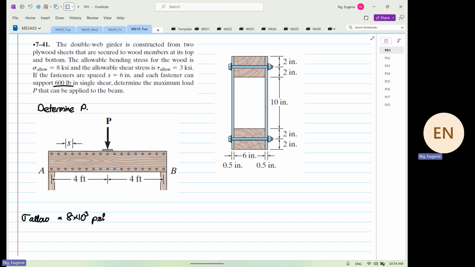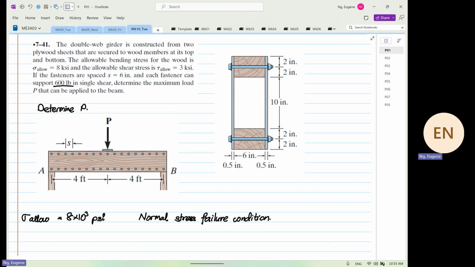So it gives us a sense that failure can be due to what? Normal stress. So this is for the normal stress failure condition.